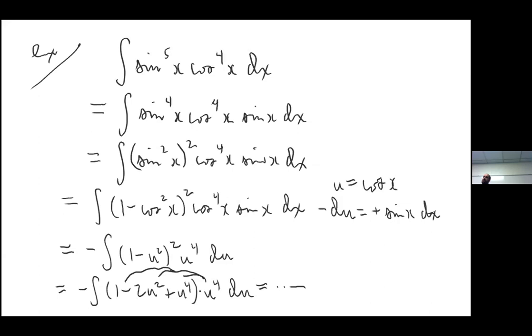If you have an odd power at all, by the way, if I had a choice between an odd power on sine and an odd power on cosine, I would be inclined to work with the odd power on cosine. Why do you think I would be inclined to do that? Yeah, because then the negative symbol doesn't become an issue.